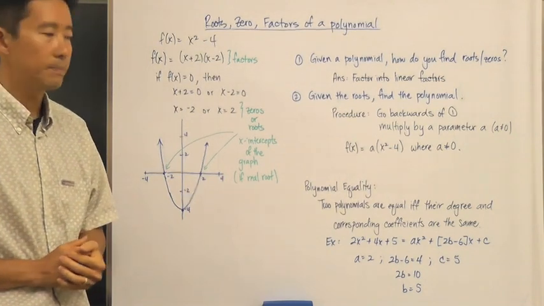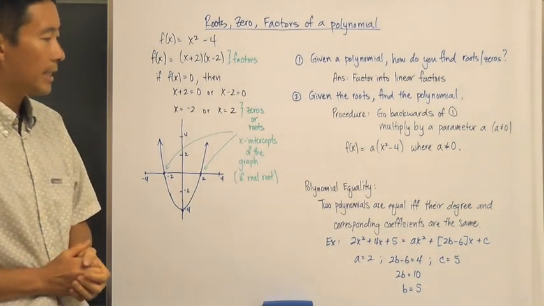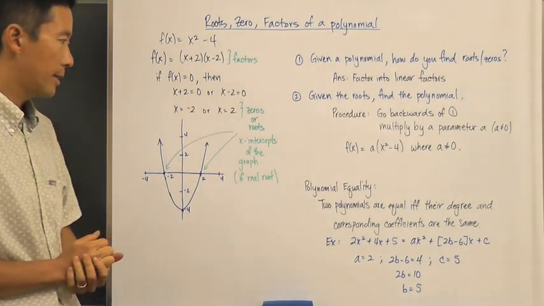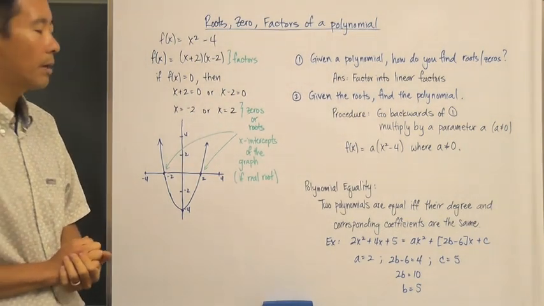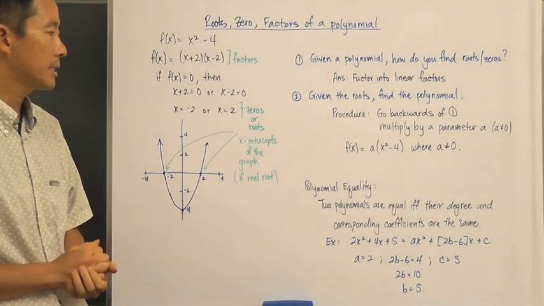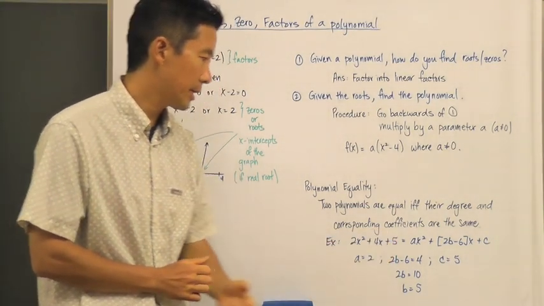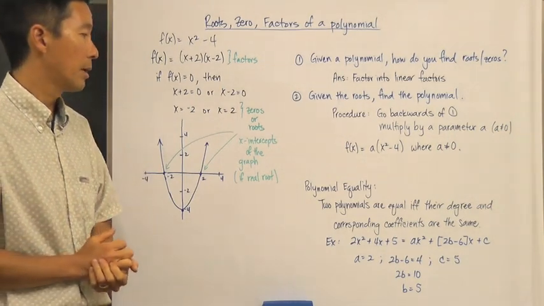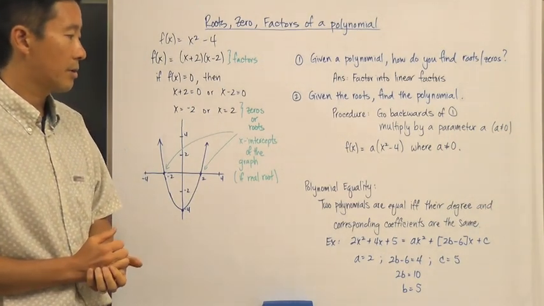Now, the last thing that we'll take a look at is polynomial equality. I think it's going to be very common knowledge to understand exactly how we can make sure that two polynomials are equal to each other and how to distinguish between those polynomials that are equal to each other and those that are not.